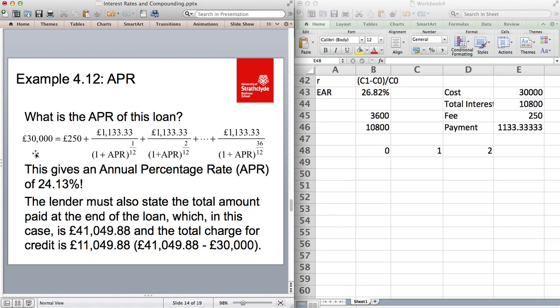In the past, that could have been done quite easily by providers of funds, and you sometimes see this type of quotation when you go for cars and hire purchase agreements. But if you're in Europe, there will be somewhere that states the annual percentage rate, and that's what you have to ask for. You need to ask for that specific information, and that gives you the effective annual rate.